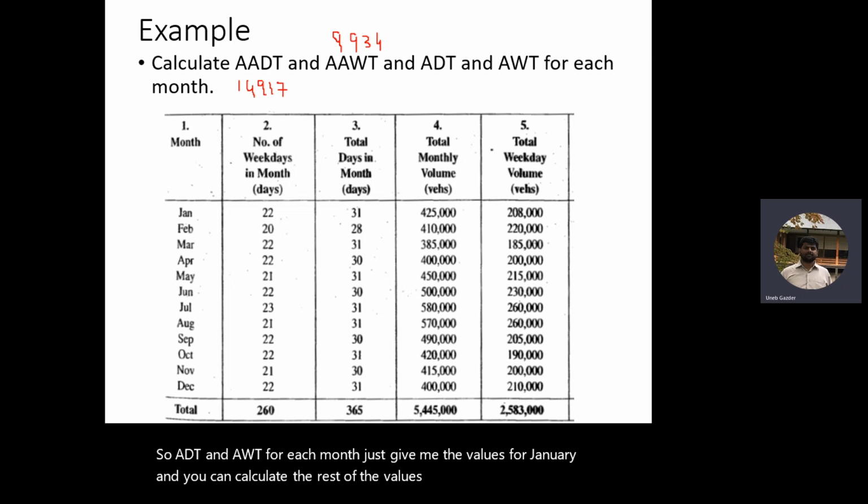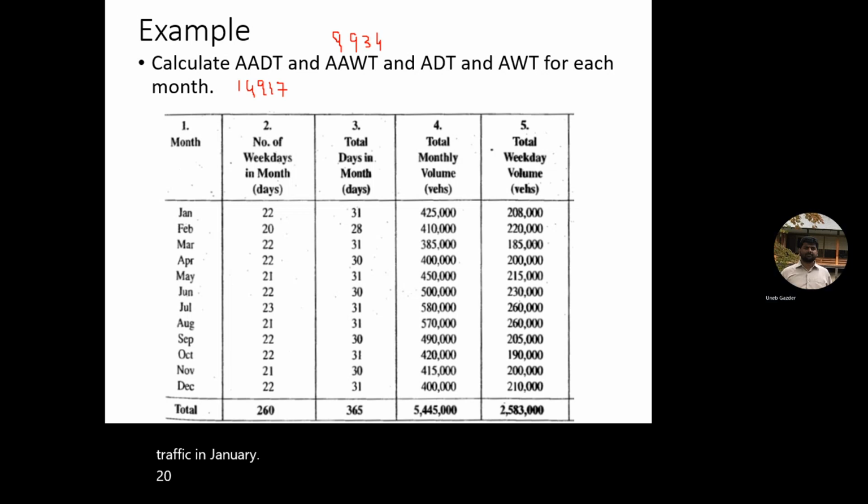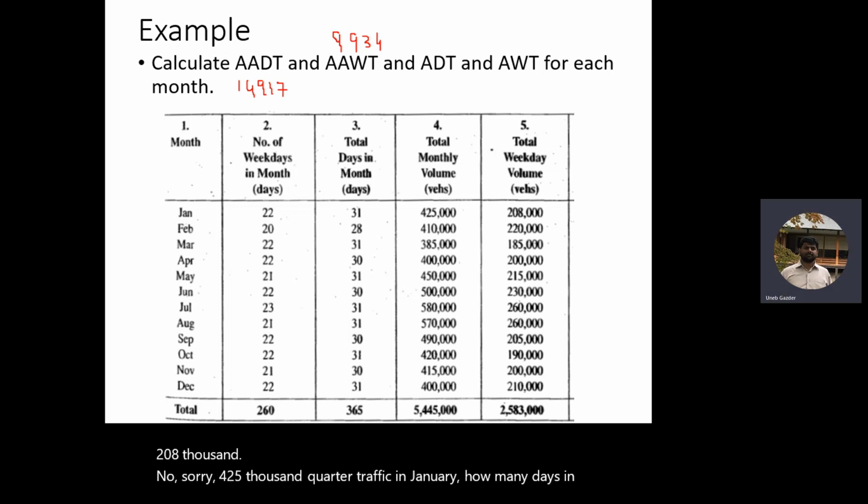So for January, ADT, total traffic in January, sorry, 425,000. How many days in January? 31.